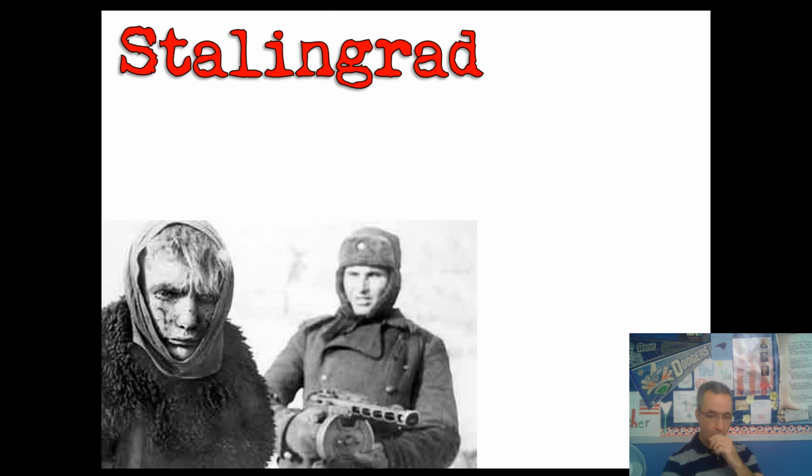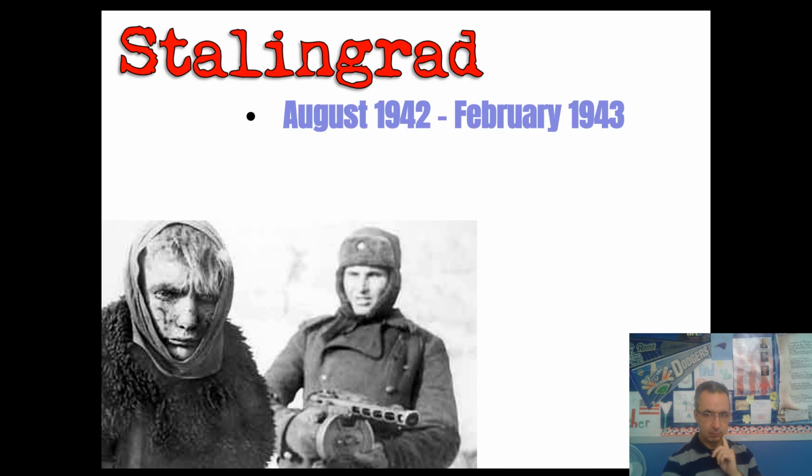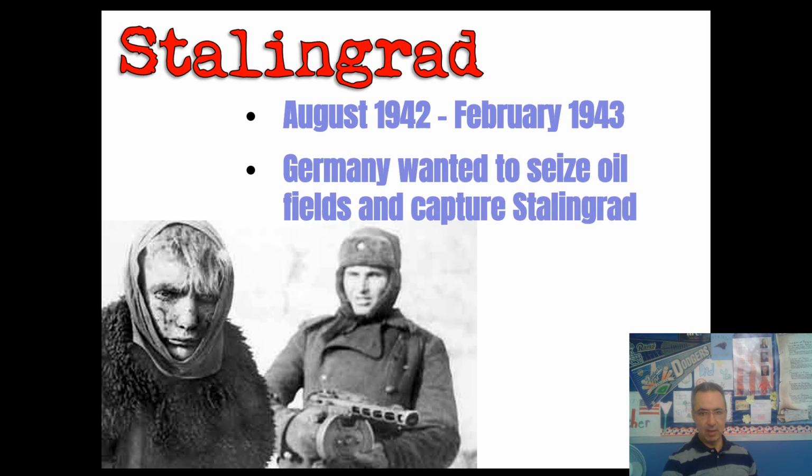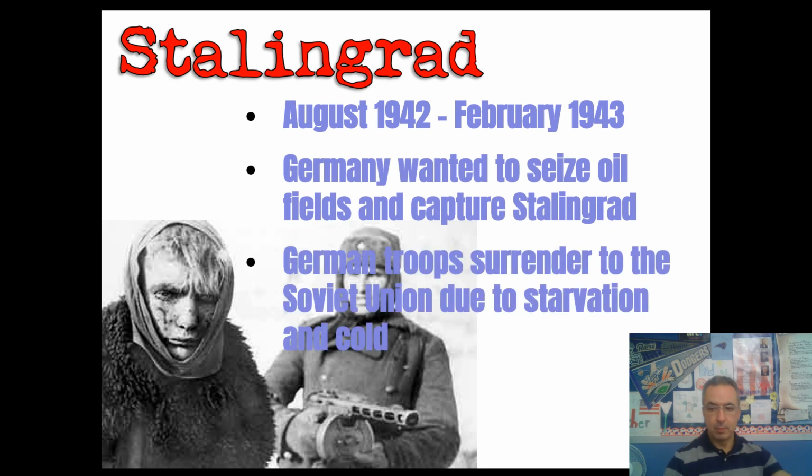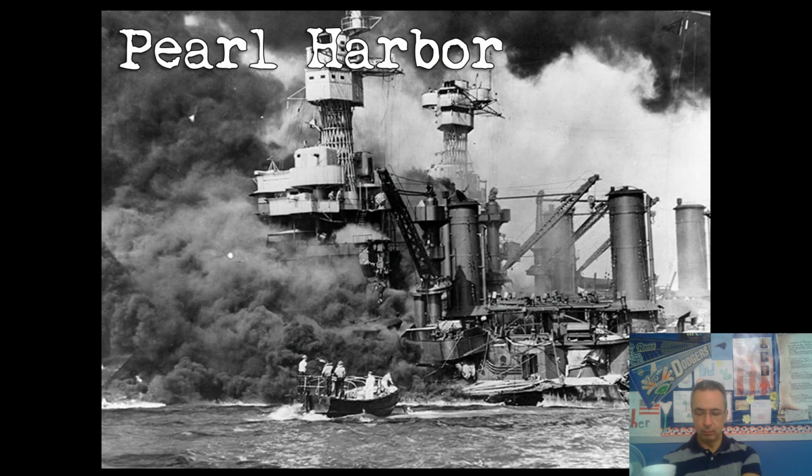You can see how cold and frigid it was. So this battle took place from August of 1942 to February 1943. The Germans had hoped they would be able to get out of Stalingrad before the winter set in. German troops surrendered to the Soviet Union due to starvation and cold.